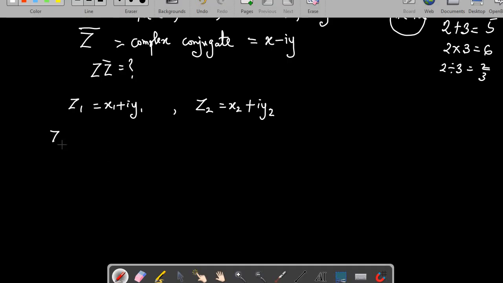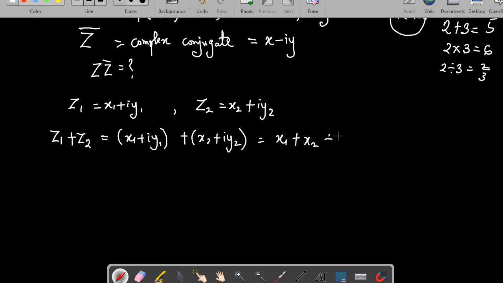If I add the complex numbers z1 and z2, I will have x1 plus iy1, plus x2 plus iy2. Now if I evaluate this, it gives me x1 plus x2 plus iy1 plus iy2.